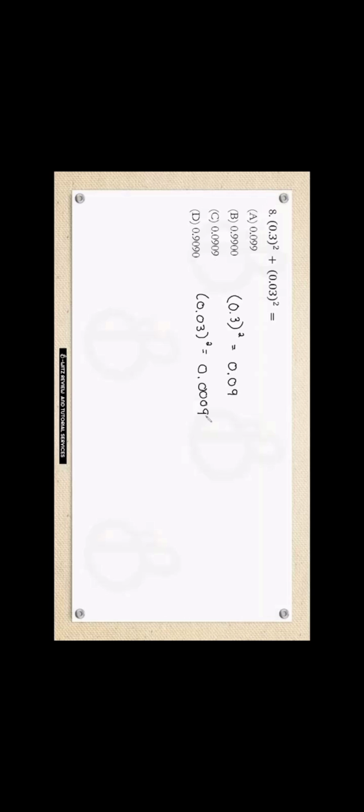Now we need to add the results by aligning their decimal point. And we can get the sum of 0.0909. And that is option C.